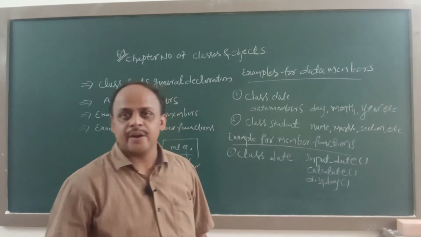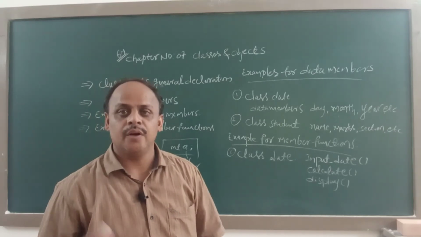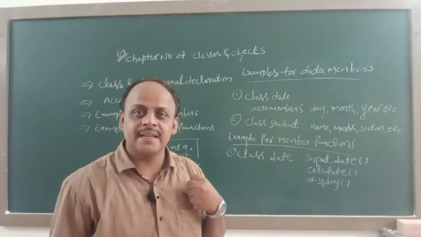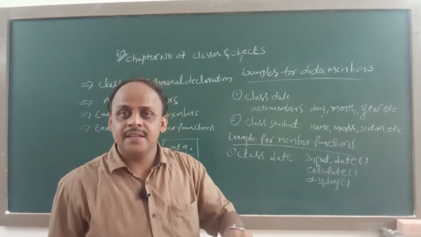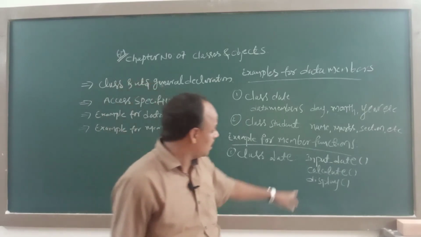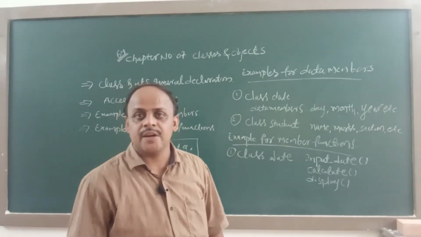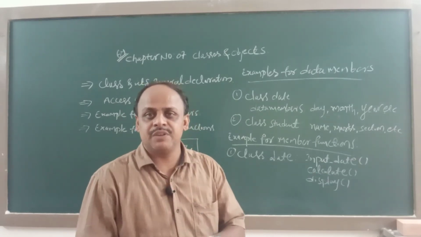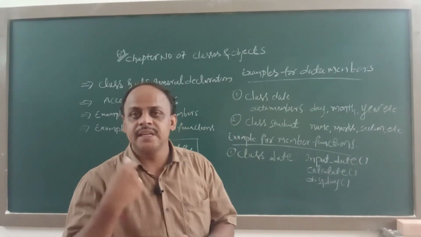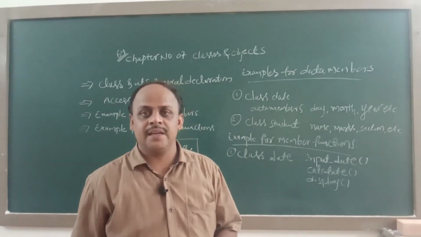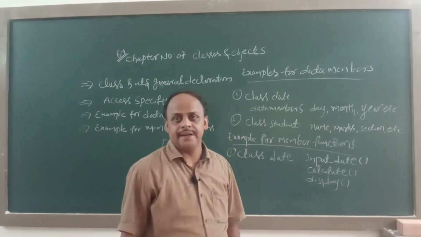If we write a C++ program to accept and display a date, we have to input day, month, year. For this purpose we take a function called input date. If any calculation is there, we perform that calculation using the calculate function. If display is needed, we write a function named display.